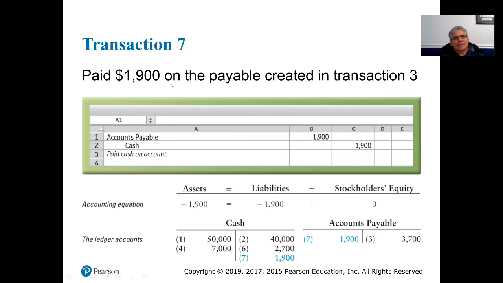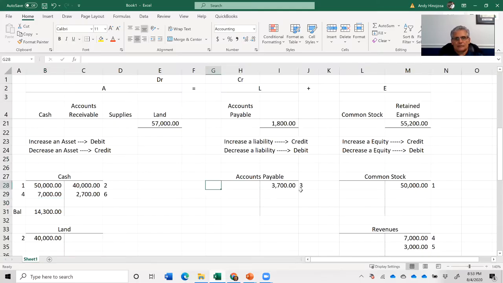Transaction 7, paid $1,900 on the payable created in transaction 3. Accounts payable is going to be debited for $1,900, and cash is going to be credited for $1,900. We update our balance here.